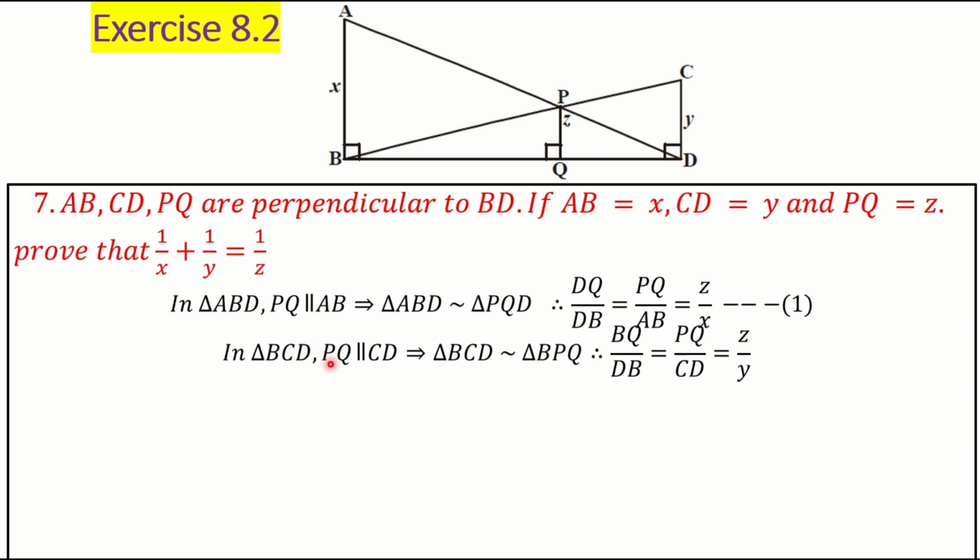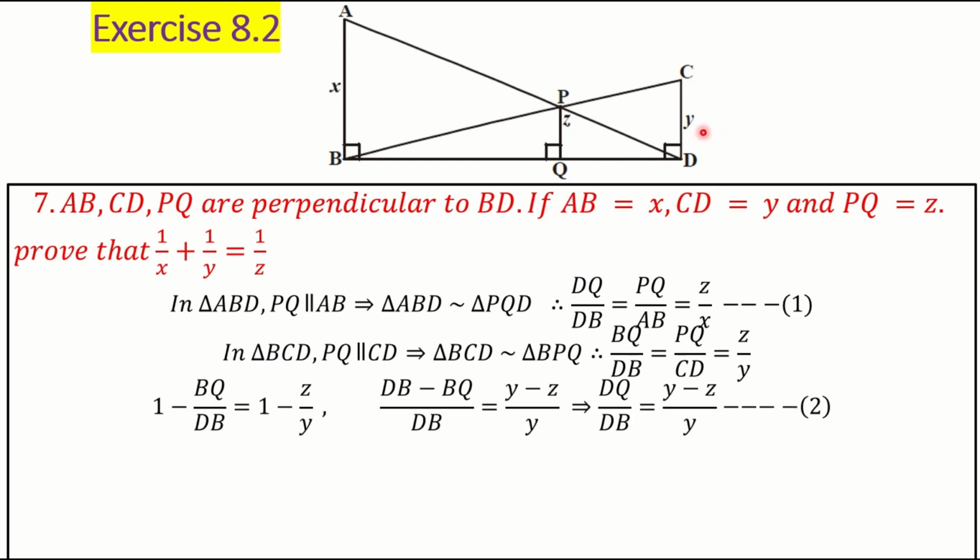The second equation is in triangle BCD: BQ by DB is equal to PQ by CD, which is equal to Z by Y. Now, if I subtract, 1 minus BQ by DB is equal to 1 minus Z by Y. 1 minus BQ by DB is nothing but DB minus BQ by DB.